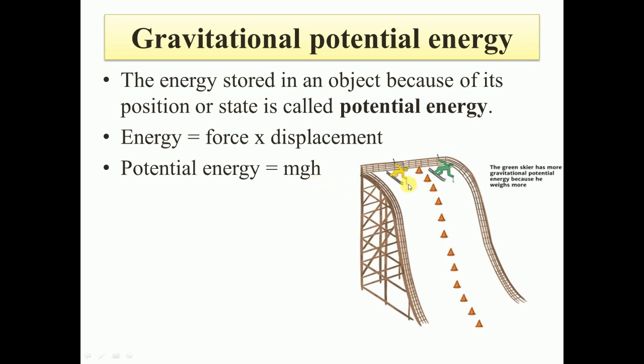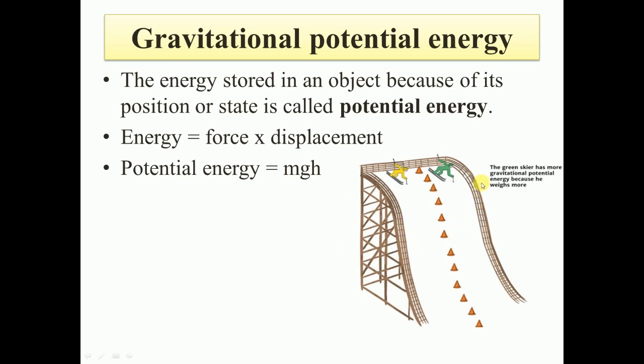Now here we have two people. The green one has a higher weight as compared to the yellow one. Let's just say this person is 30 kg and this person is 50 kg. So when you apply the mass of this person into this formula, the mass is 50. g you can take as 10, and height you can take as any value, say 50 meter or 100 meter.